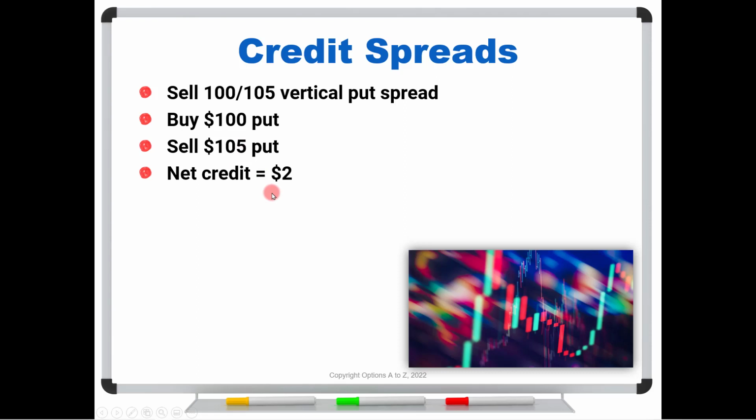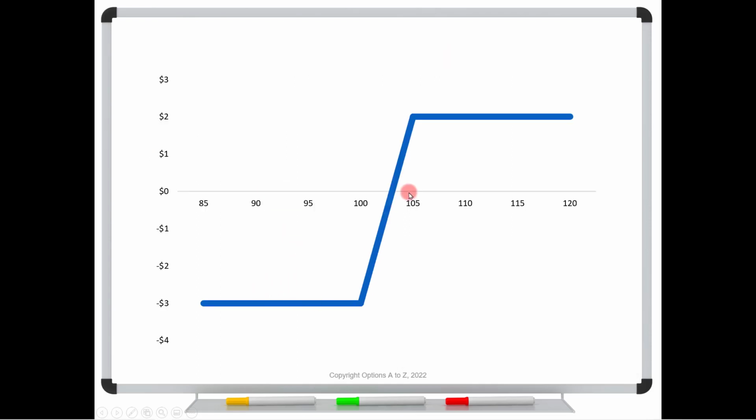So if we sold this spread, this is what our risk graph looks like, exactly like the call spread. The difference is that we don't start down here with a cost of 3 and hope that the stock rises and gives us a maximum gain of 2. We're starting up here with a credit of 2. But when you sell the spread, it's a liability. I emphasize this every single time, and I still hear so many traders that don't get this.